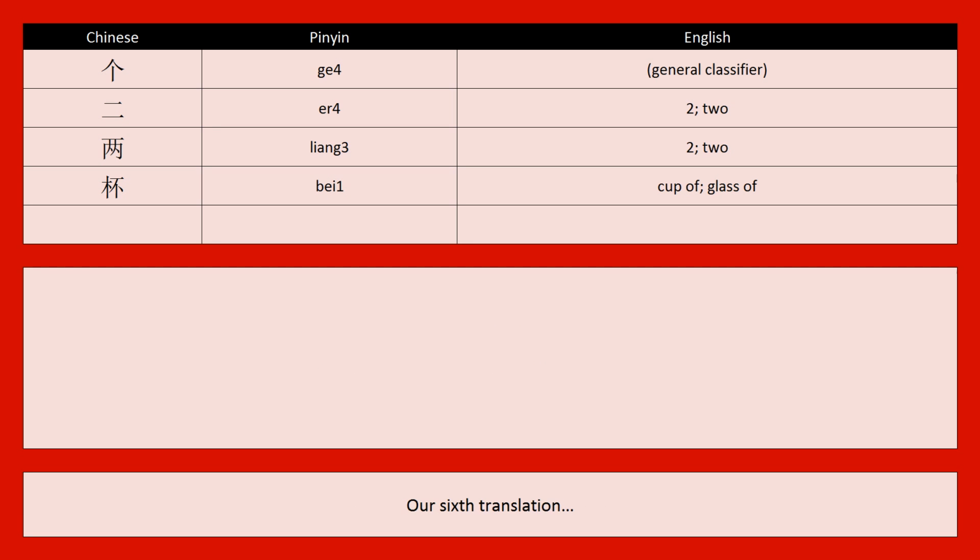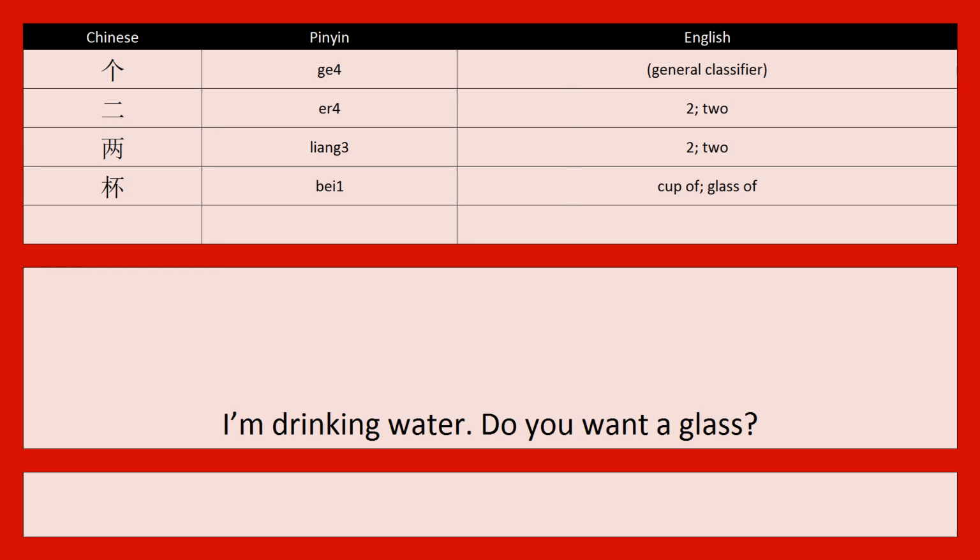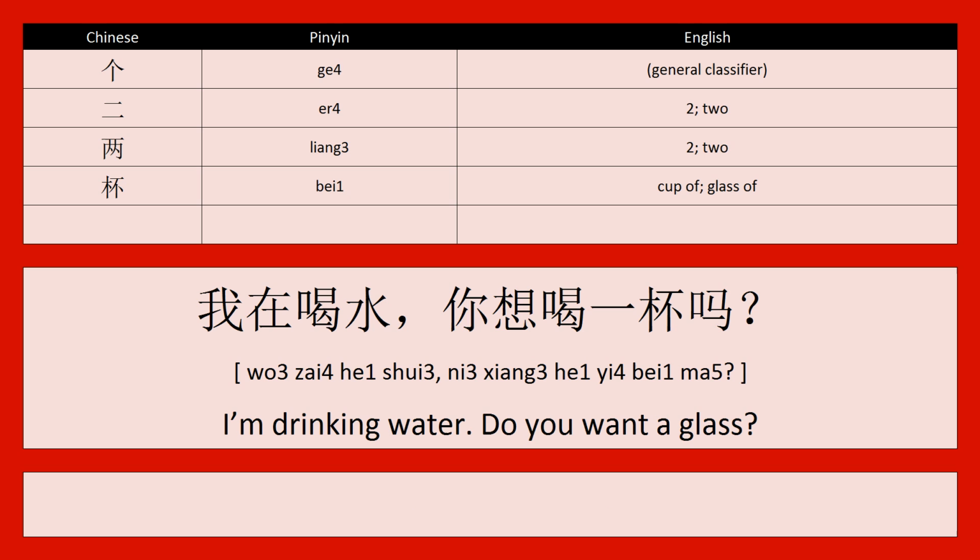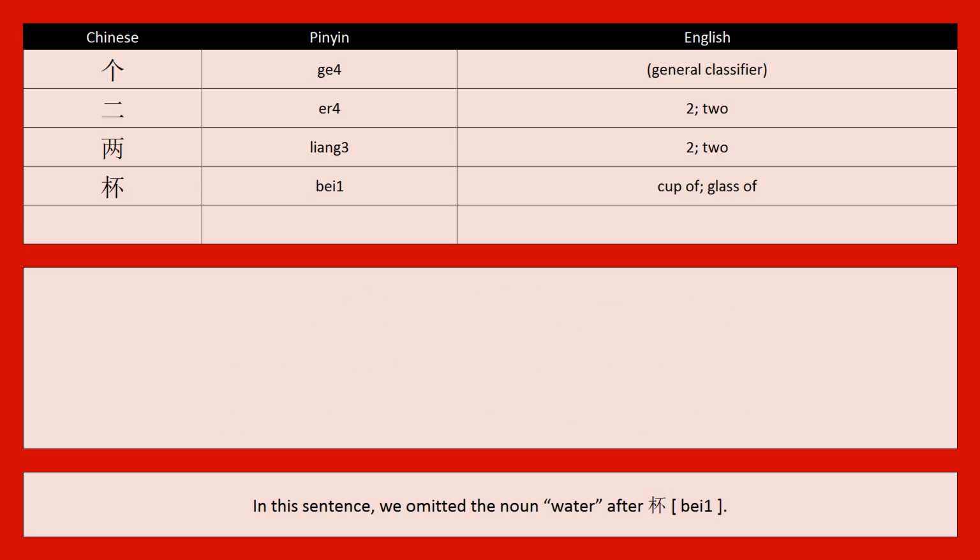Our sixth translation. I'm drinking water. Do you want a glass? 我在喝水，你想喝一杯吗？ In this sentence, we omitted the noun water after 杯.